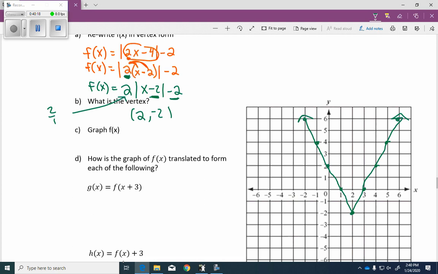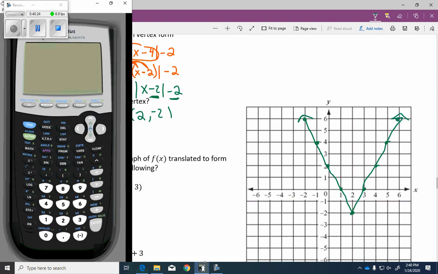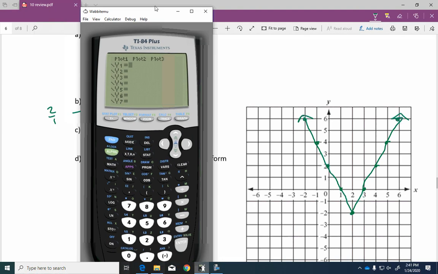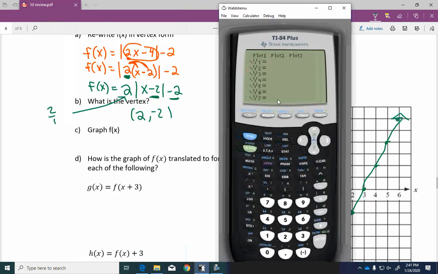And I had told you I wanted to use our graphing calculator to make sure this is right. So if I go to y equals, if I enter the original equation, absolute value of 2x minus 4, and then minus 2.